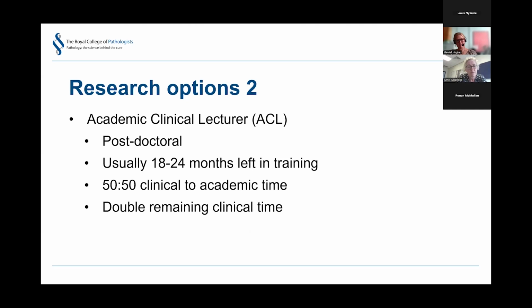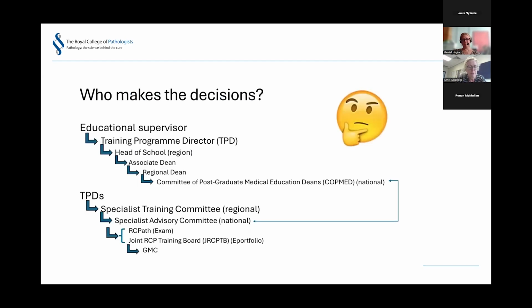Usually this is people who've already got a PhD under their belt. They will usually have 18 to 24 months left in training. If you're successful at applying, then 50% of your time is clinical, 50% of your time is academic. So effectively, you double your remaining clinical time, but you have that protected time to continue to develop your academic interest alongside your clinical training. Next slide, please.